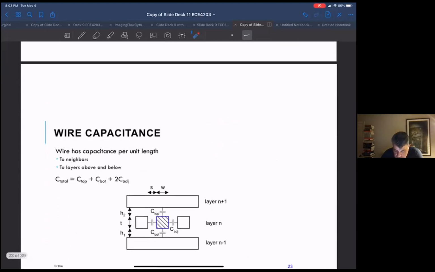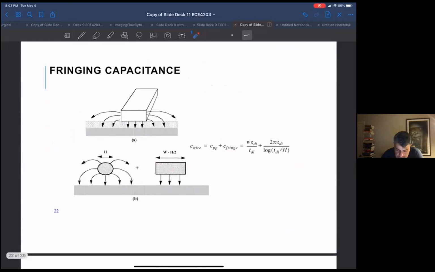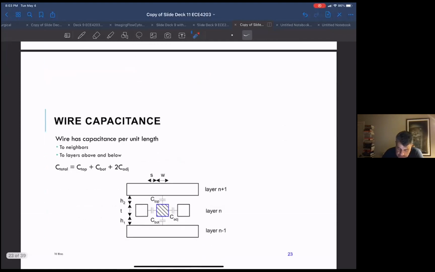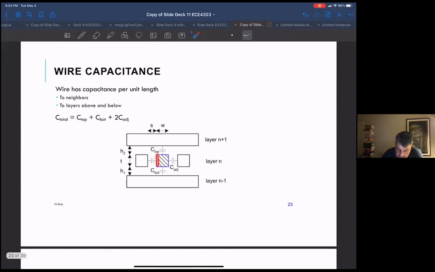And also, it's not just the capacitance. In this model, this would be your metal 1, say, and this would be your silicon, and the metal 2 would have capacitance to the silicon. But in reality, you have to worry about your capacitance to other metal layers on top of you.